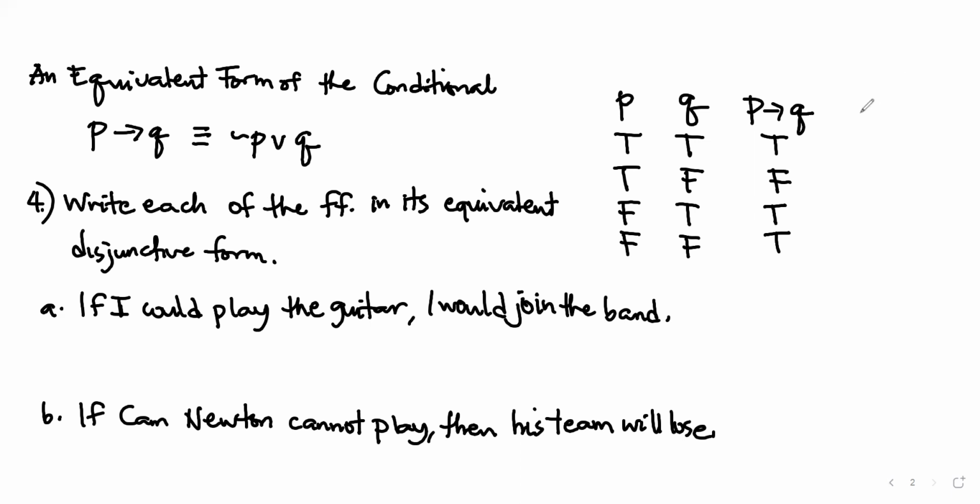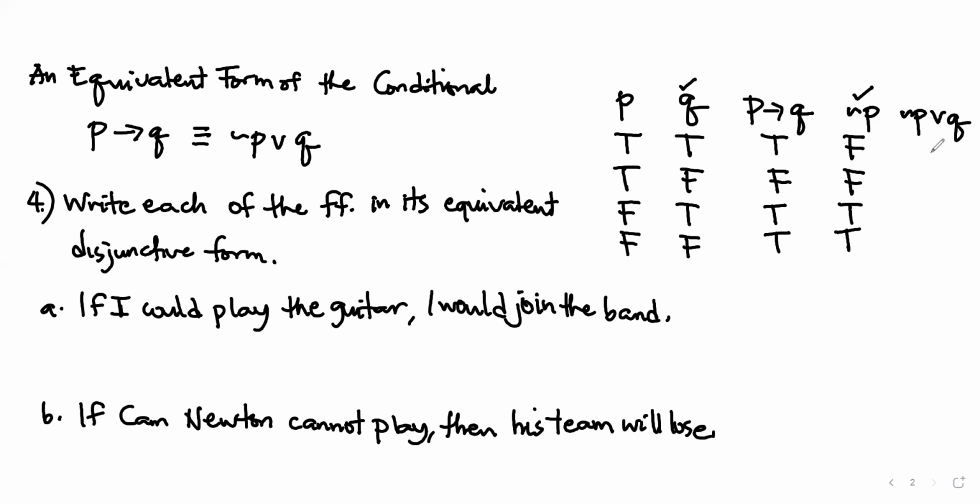And then let's have not P. Let's get the negation of our P. Not true, that is false. Not true, that is false. Not false, that is true. Not false, that is true. And then the disjunction, not P or Q. For disjunction, if one of the statements is true, then it's true.